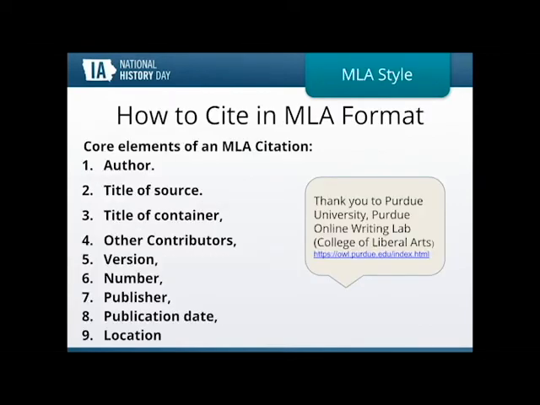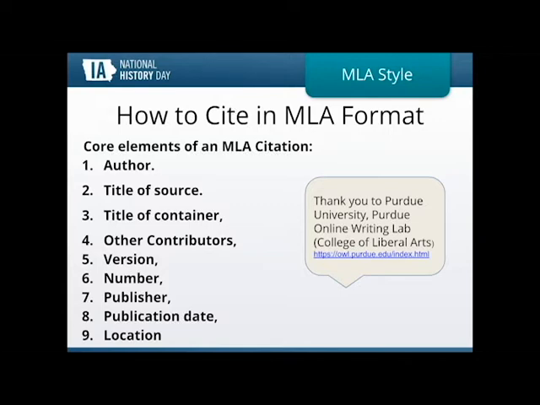When we're working with MLA format, these are the core elements you need for an MLA 8th edition citation, that's the most updated form. First, you need to know your author. Begin the entry with the author's last name, followed by a comma and the rest of the name. For example, it would be Boland, comma, Vania. That's my last name, comma, first name. Next is the title of the source, which should follow the author's name.